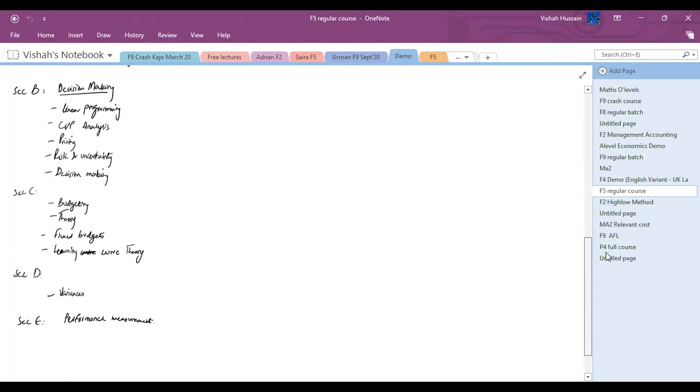And section C is related to budgeting. So section C basically includes all the budgeting sections and theory and flex budgets, learning curve theory, all of that. We are going to go into great detail when we actually start studying F5. Section D is variances and section E is performance management or performance measurement, you can say.